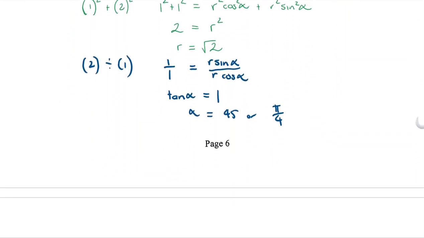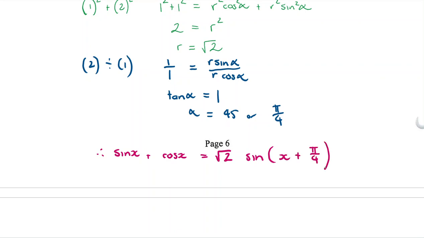Let's just rewrite out our solution. We were asked to write sine x plus cos x is equal to r sine of x plus alpha. We just want to sub in the r and the alpha that we've found. So r was root 2 sine of x plus alpha, and my alpha was pi over 4.